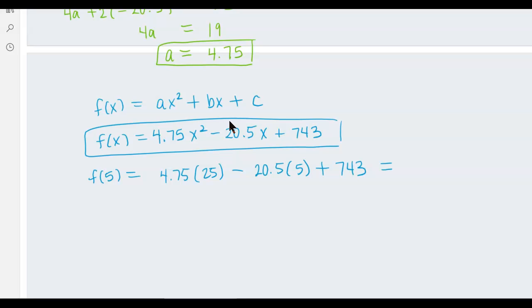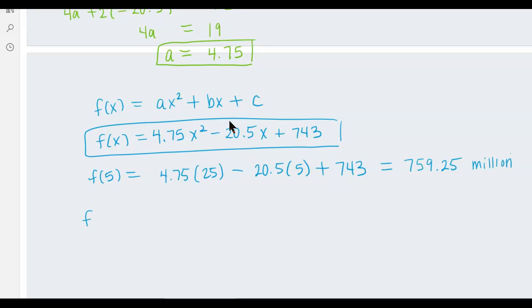Plugging that into the calculator, I'm getting 759.25. This is in millions.